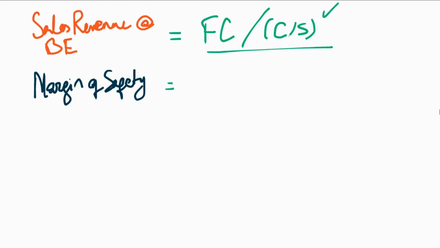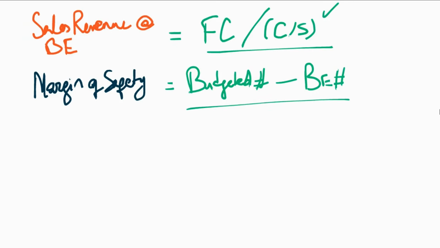So I have my budgeted units to sell. I deduct from it my break-even units that I calculated in the previous formula. So that will give me the margin of safety that I need to know.